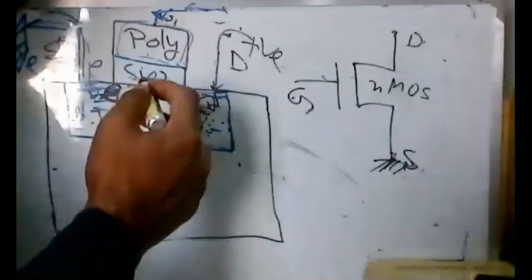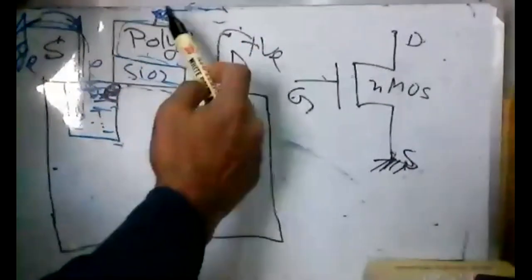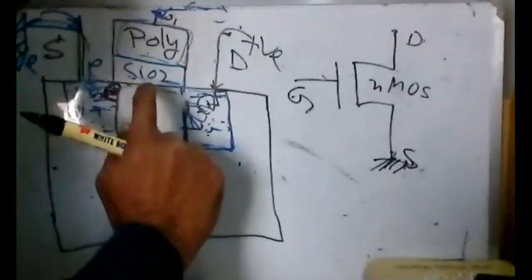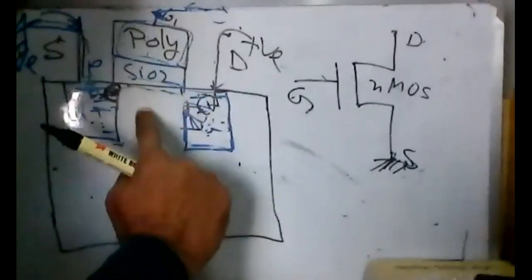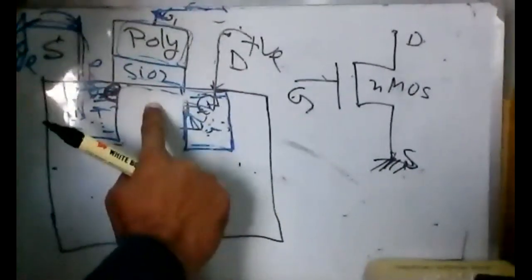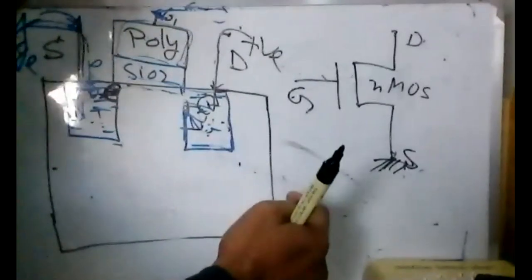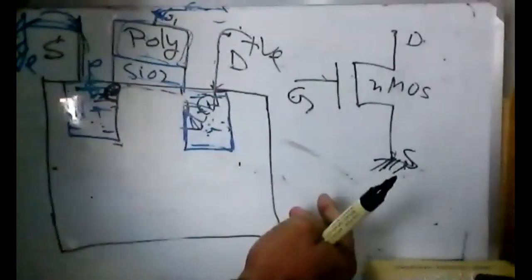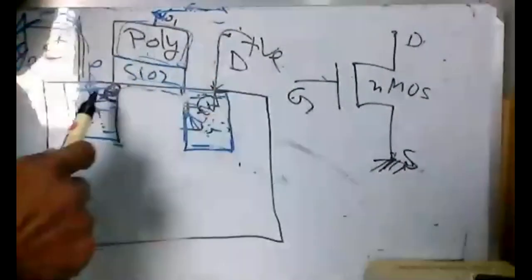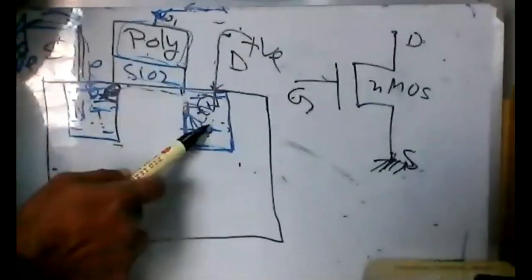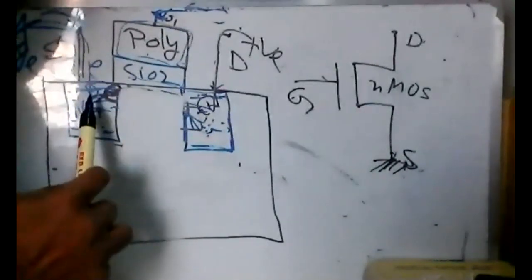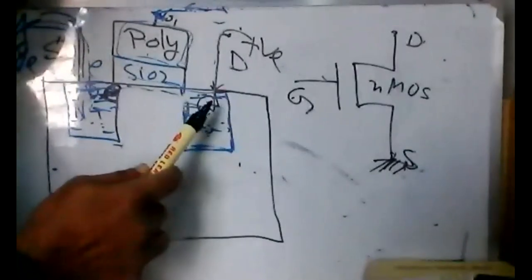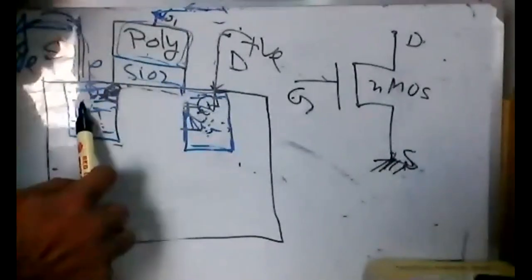It stays off. When you put a positive voltage, only then will the channel be generated, and the transistor will be turned on. Then electrons can flow from source to drain, and current can flow from drain to source.